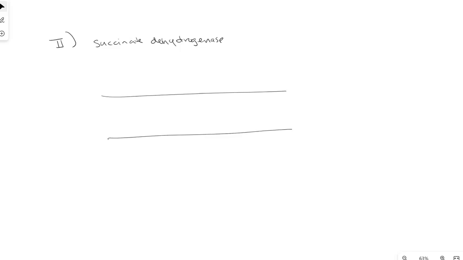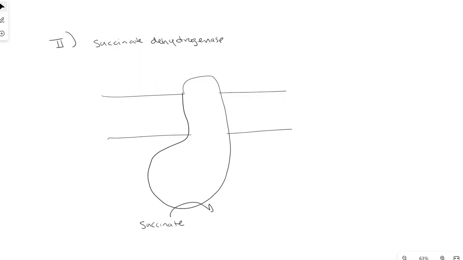If we have a membrane and we've got our succinate dehydrogenase enzyme, which is integrated into the membrane, succinate interacts with the enzyme being converted to fumarate as part of TCA, and as part of doing this, converts an equivalent of FAD to FADH2.